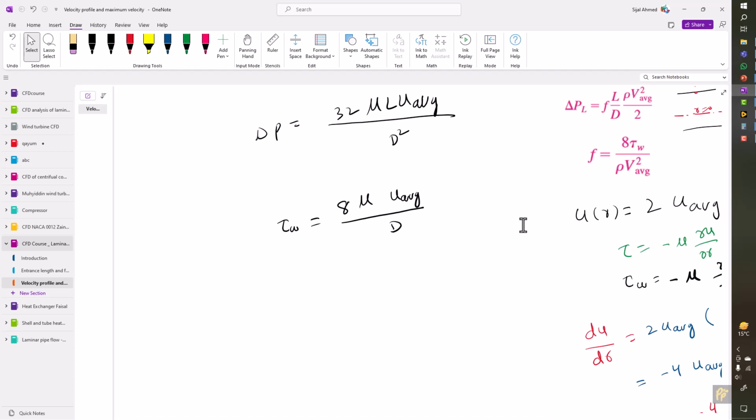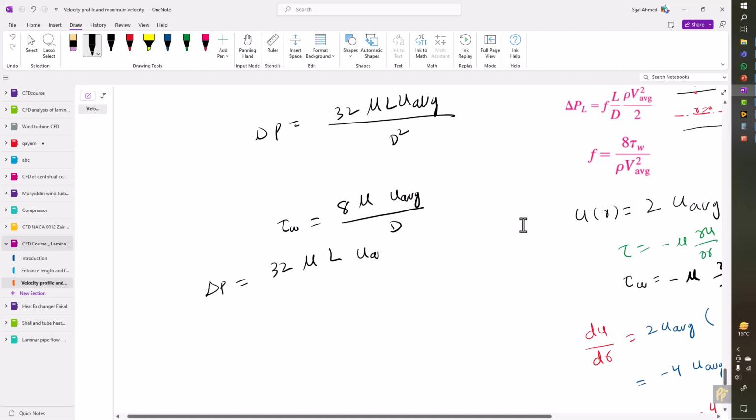So now what you have to do is write down the delta P here: 32 mu length and u average divided by D square. Okay, so I will now separate them in this form.